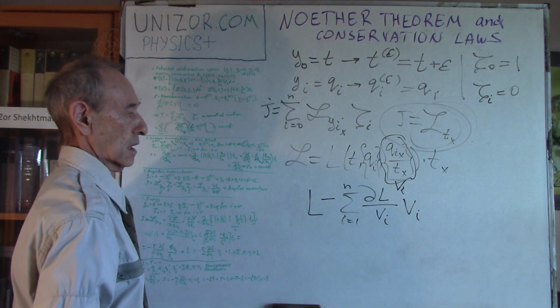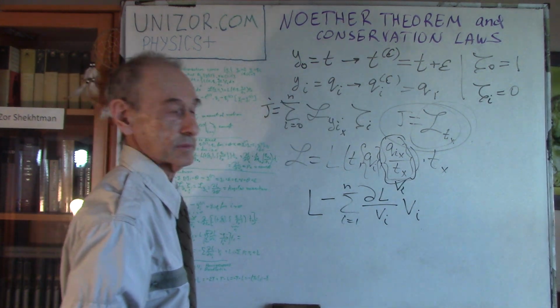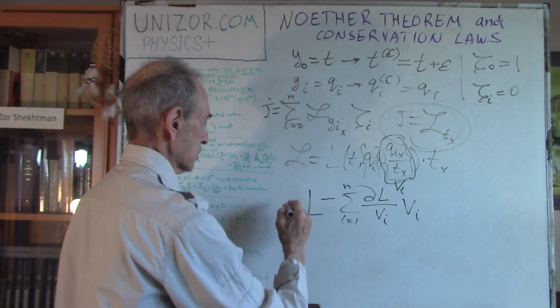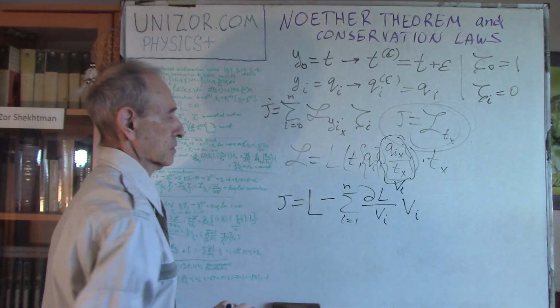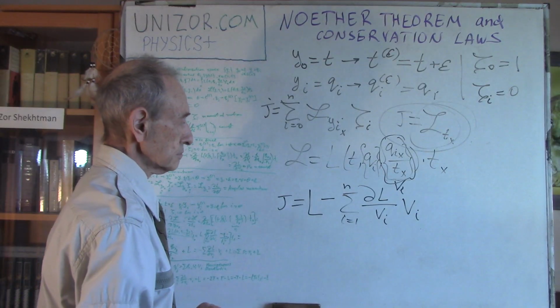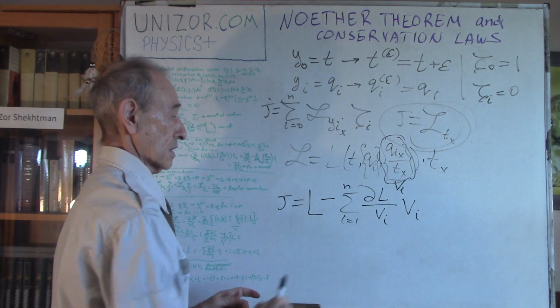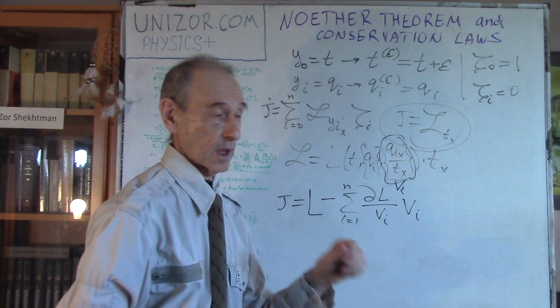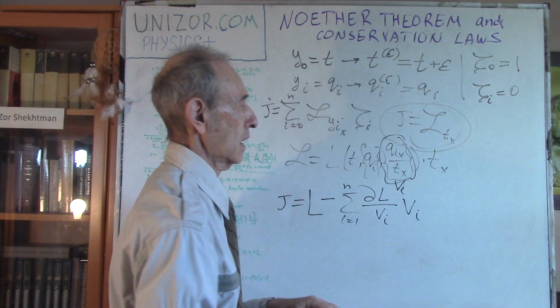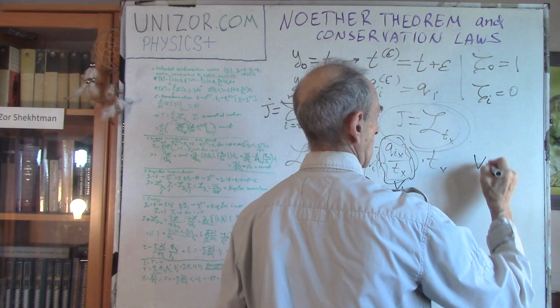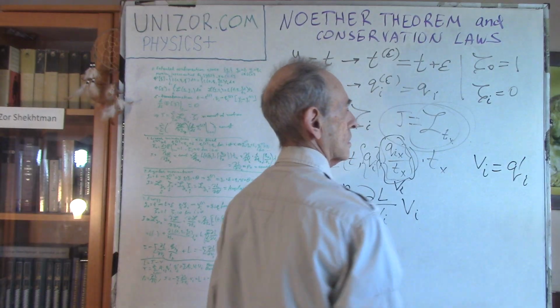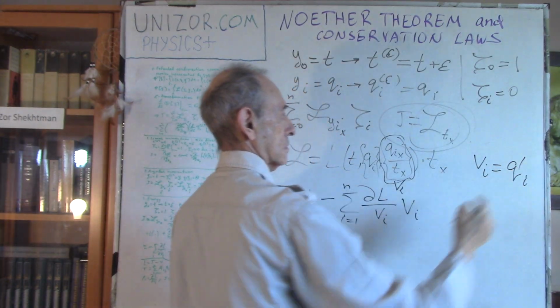This is constant. Okay, fine. So we know this is constant. This is a conserved quantity from Noether's theorem. My question is, what is this? Well, obviously, in general, you can leave it as this, assuming that Vi is actually qi prime, which means time derivative.